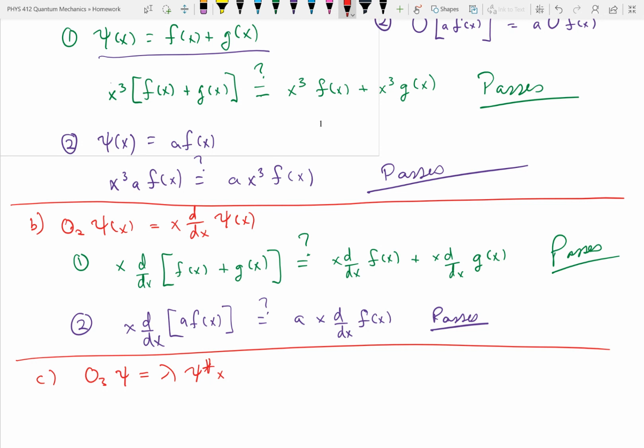Are we treating lambda as a constant? Lambda is, yes. Okay.